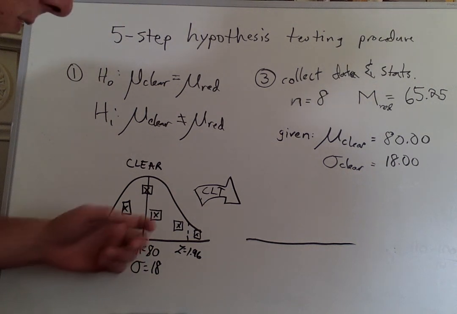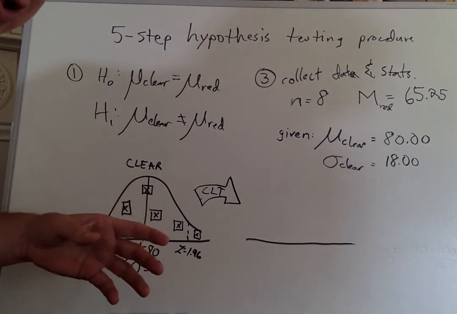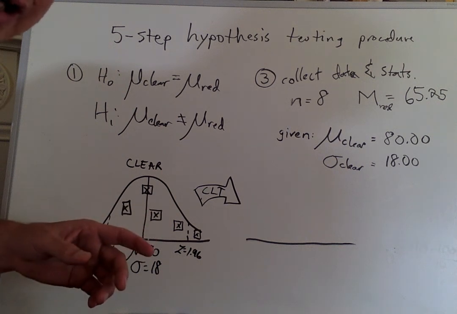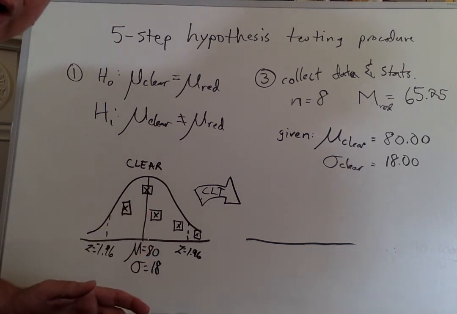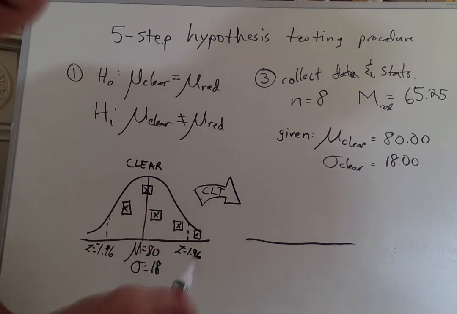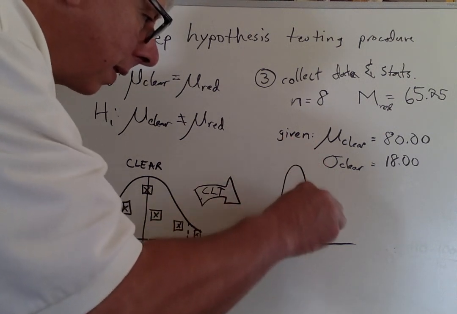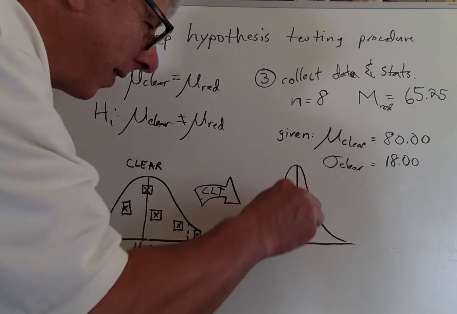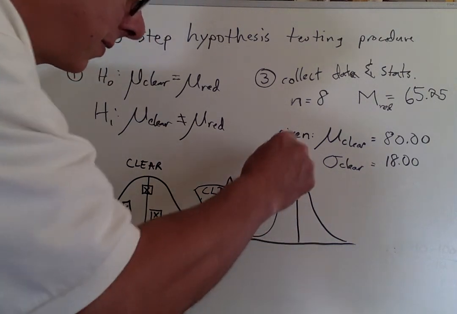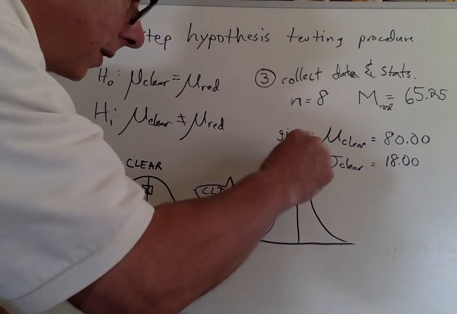What would happen if we took this curve and took out a bunch of samples of n equal 8 from the clear? We know what that would look like given the central limit theorem. And what would it look like? It would be less variable. So this is for clear, folks.